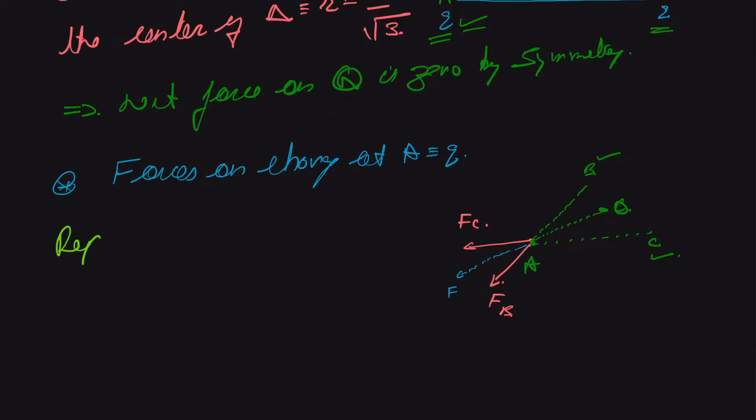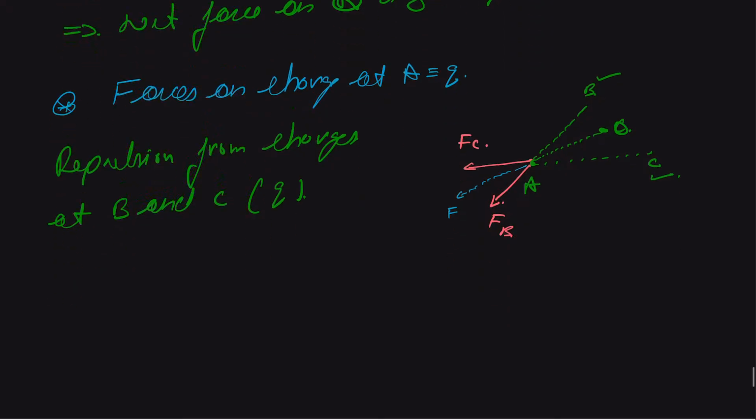You can say that repulsion from charges at B and C, and both are having charge Q. Therefore, we can say that each force, the force because of B, will be equal to, and it will be the same because their distance is also the same and the value of the charge is also the same.